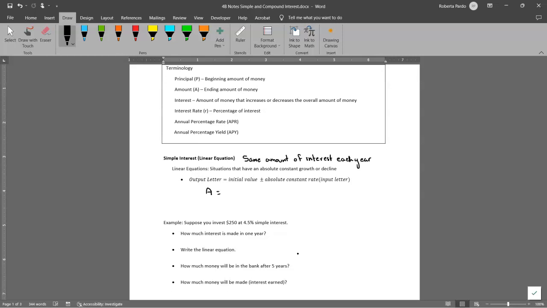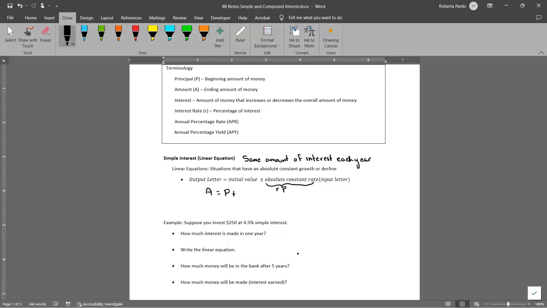Our initial value is P, our principal amount, plus, because we're always adding interest when we're saving our money, this absolute constant rate, which is the interest rate R times the principal.